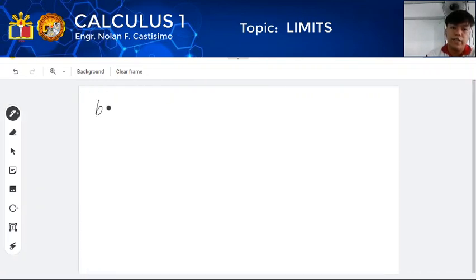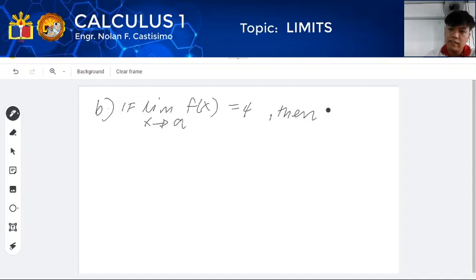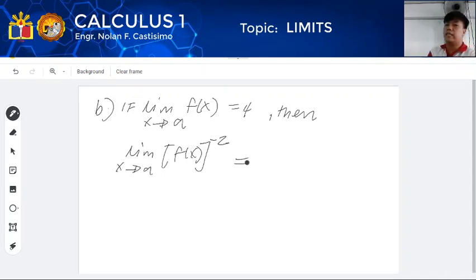We have letter B. So, if the limit of f of x as x approaches A is equivalent to 4 again, then, using this equation, or the limit of f of x raised to negative 2 as x approaches A is equivalent to what?